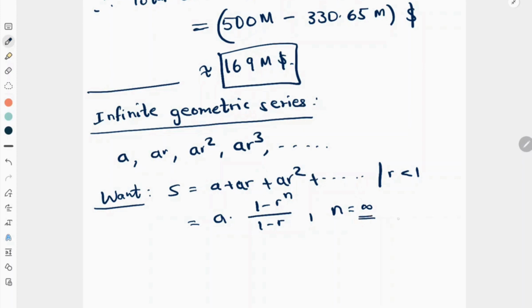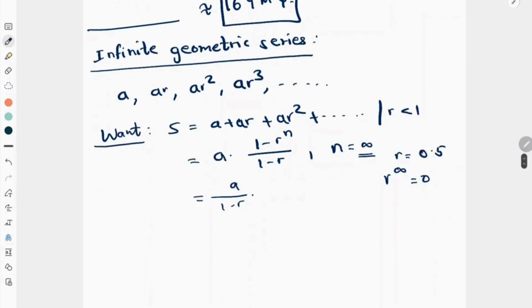So suppose r is equal to something less than 1, let's say half. Then r to the power infinity is 0. So this comes out to be a divided by 1 minus r. Let's take a quick example. S is equal to 1 plus half plus 1 by 4 plus 1 by 8 plus 1 by 16 plus so on.